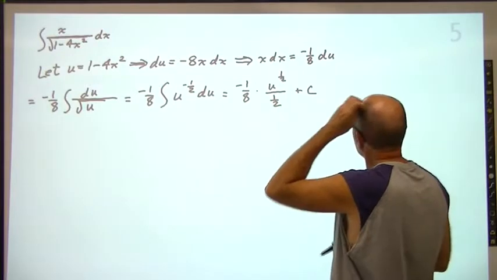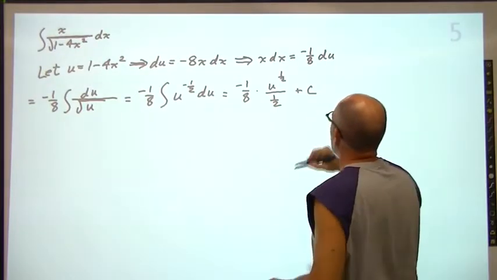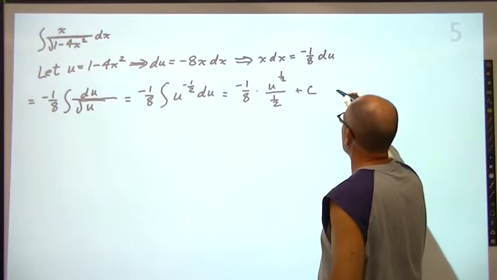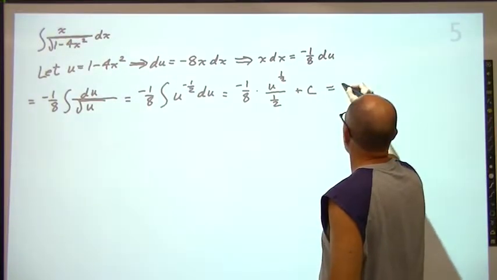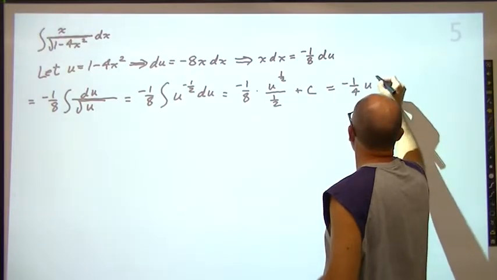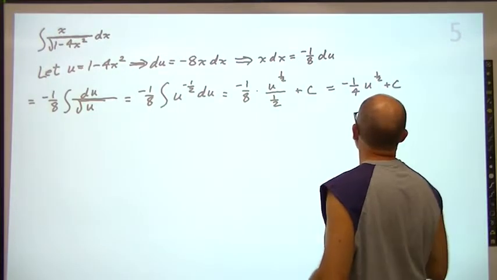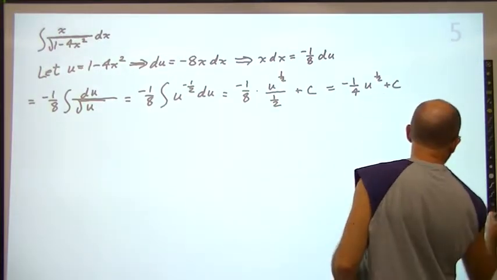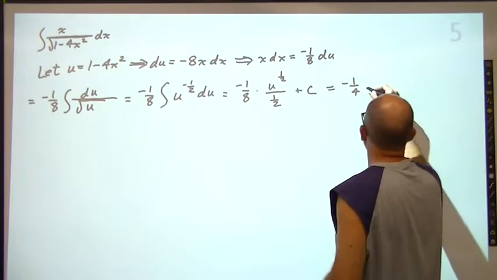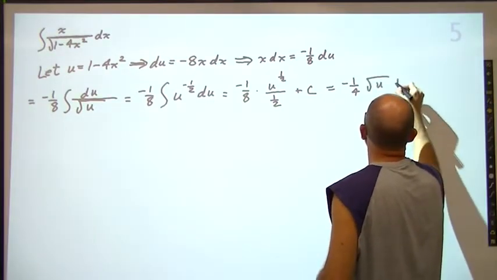Okay, and then reciprocate the 1/2 and you get negative 1/8 times 2 is negative 1/4 u to the 1/2 plus c. And let's make it square root of u plus c.